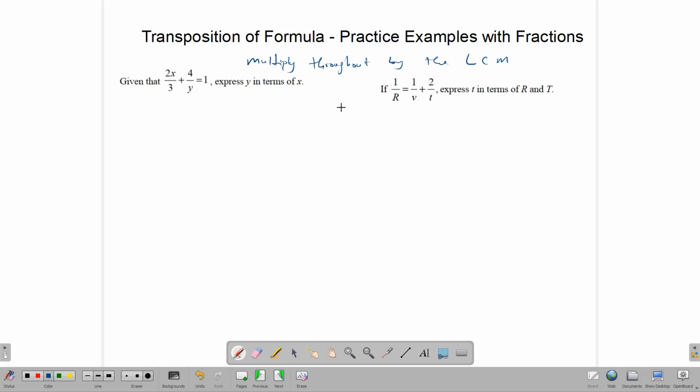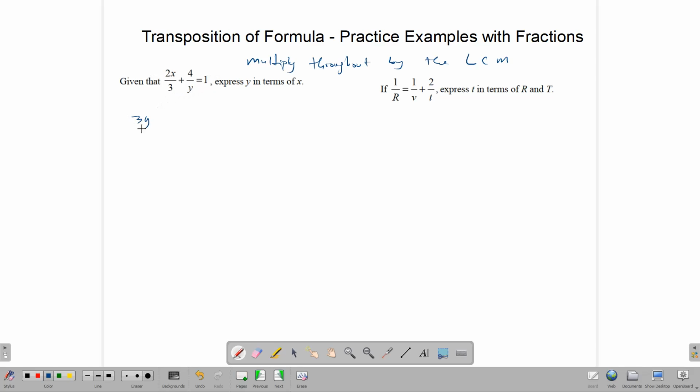You do not necessarily need to use the LCM in the strictest form, but we're going to just multiply this 3 times this y, and that will give us our LCM. Multiplying 3 times y, 3y, so we're going to multiply everything in this question by 3y.